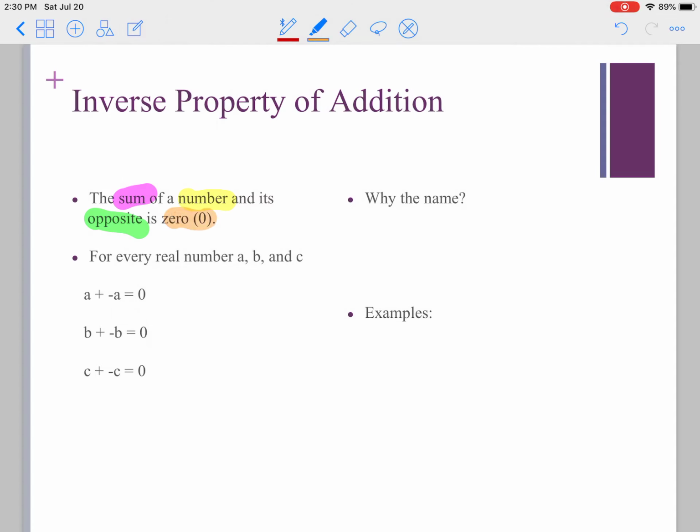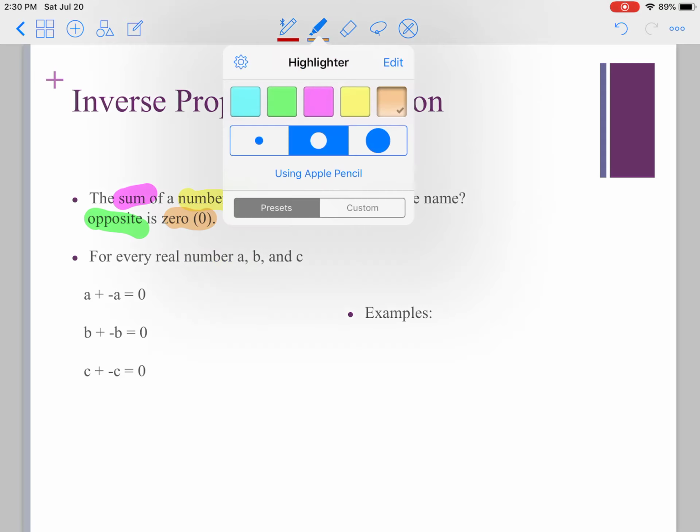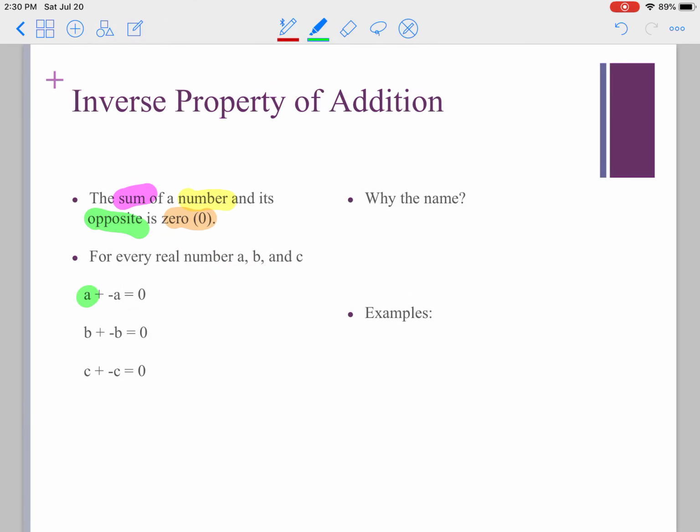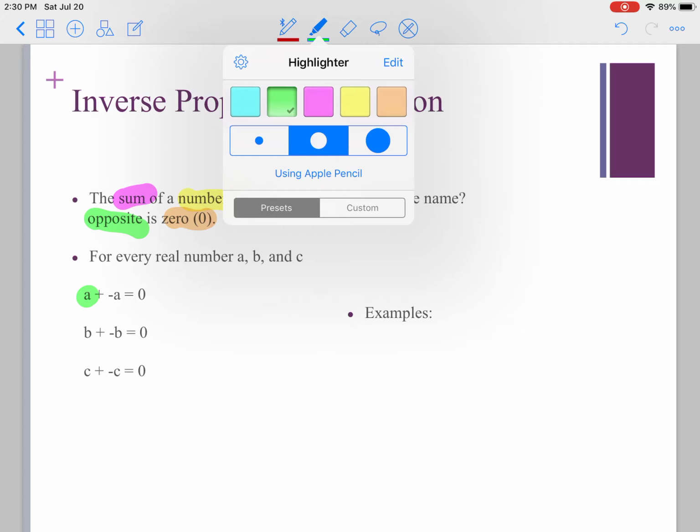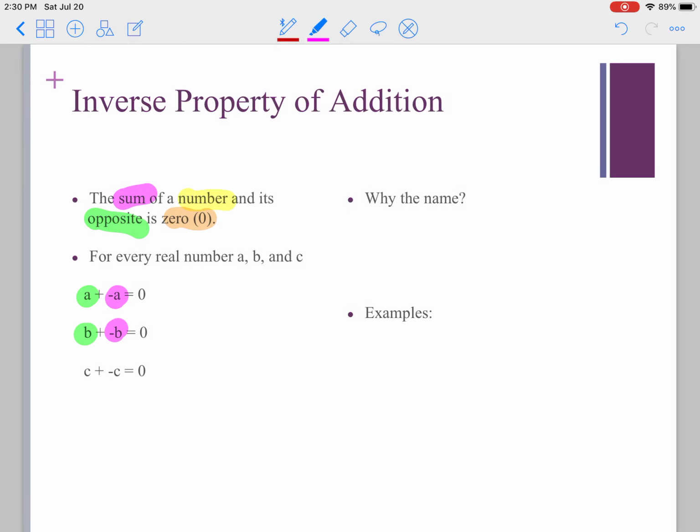And once again, we've generalized this equation, or this property, when we have a and negative a, and b and negative b. And we also have, let's just leave that as c and negative c. Those are placeholders, variables, that are actually representing any number that we could substitute in for each one of those.